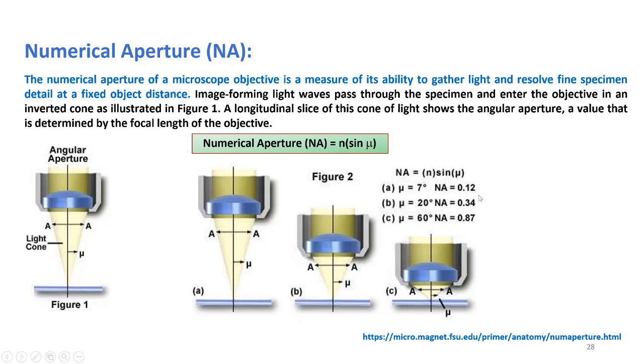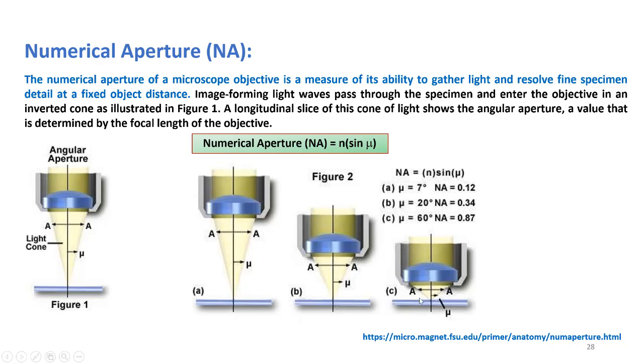And also the mu varies. Suppose I put n as 1 for air, and then change the mu, then the numerical aperture will change. If it is 7 degrees, the working distance will increase, and the numerical aperture will be 0.12.